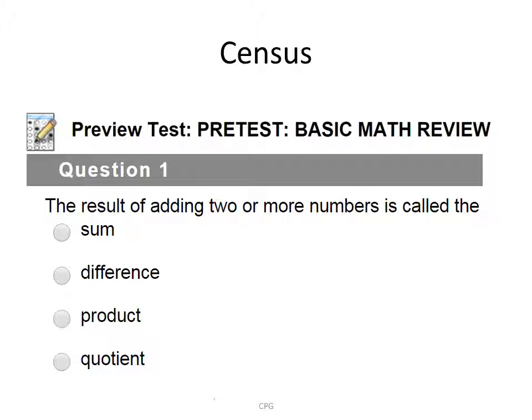When all members of the population are included, this is called a census. A census is feasible and desirable when studying small populations. For example, a professor may choose to pretest all students at the beginning of a course.